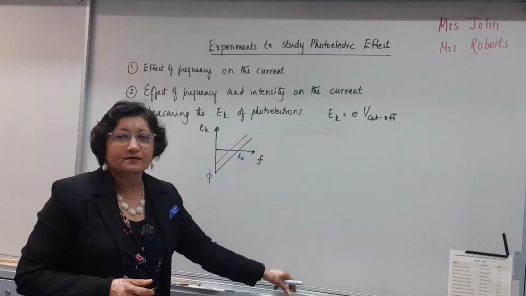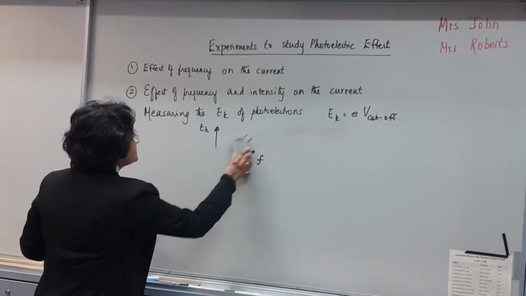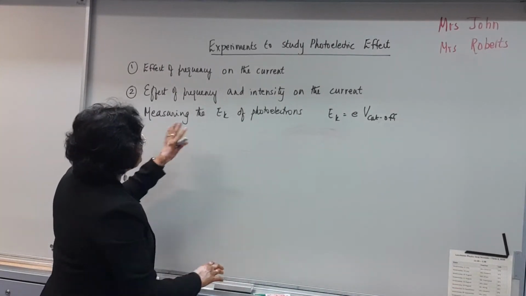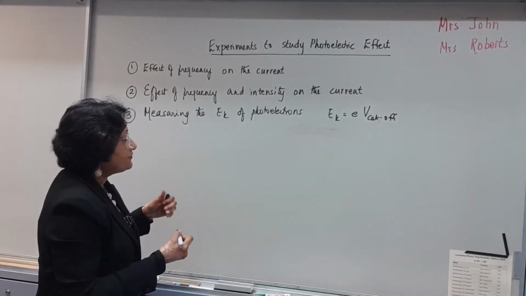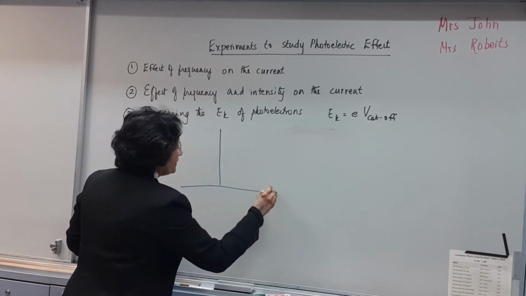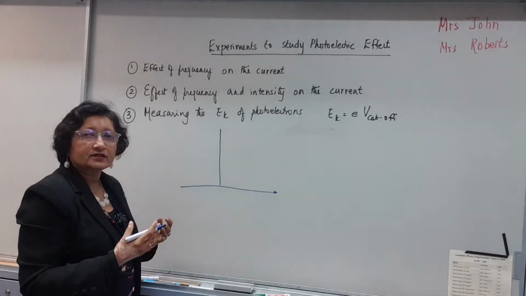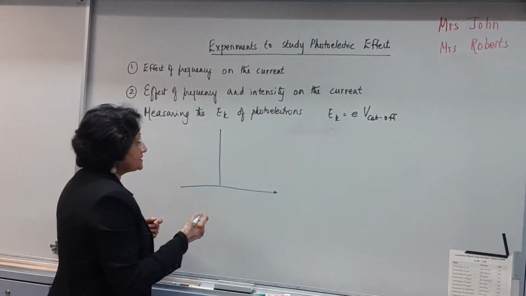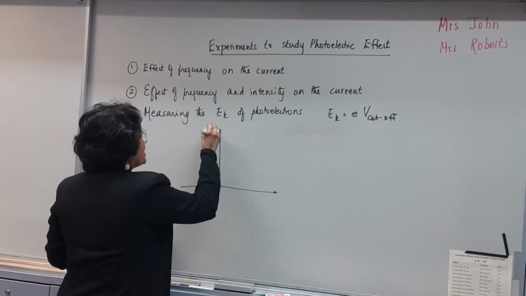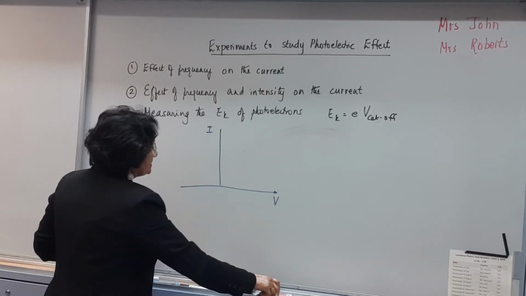Now the fourth experiment is not really given in your books, and that's why I thought I'd make this video about that. And this kind of follows on from here. If you draw a graph of the size of the current against voltage, for different frequencies.